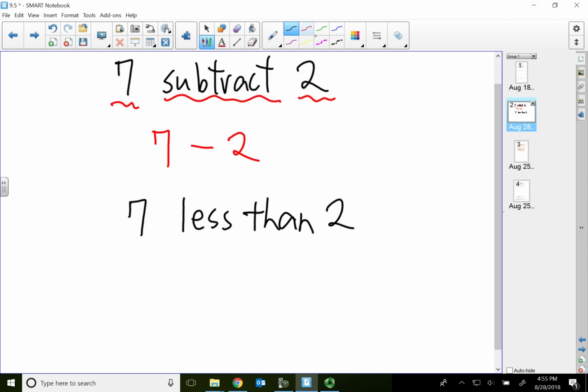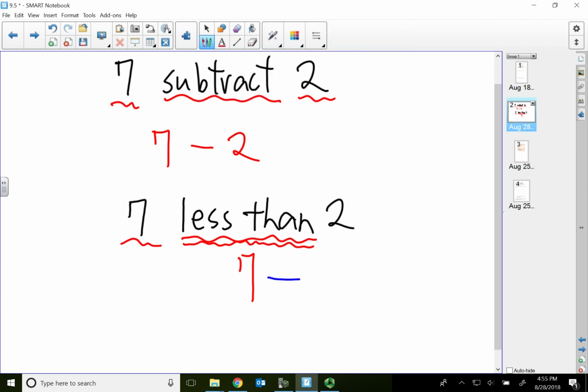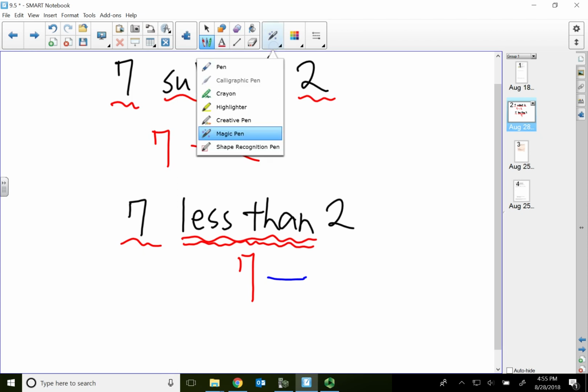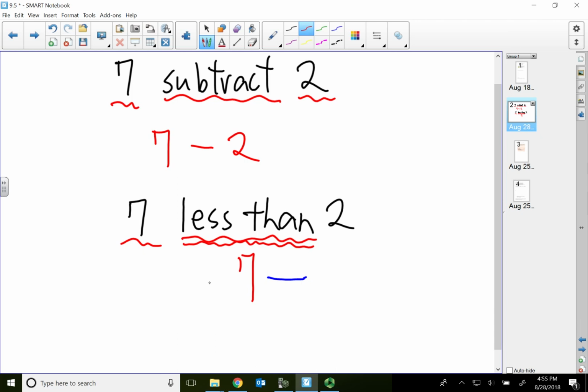All right, when you see 7, you write 7. But when you see the word less than, you've got to remember you need to translate backwards. What that means is normally we put the subtraction sign behind what we just wrote. So translating backwards means now we will put the subtraction sign in front of what we just wrote. 7 is less than, 7 is short from somebody that's up front, which is 2.